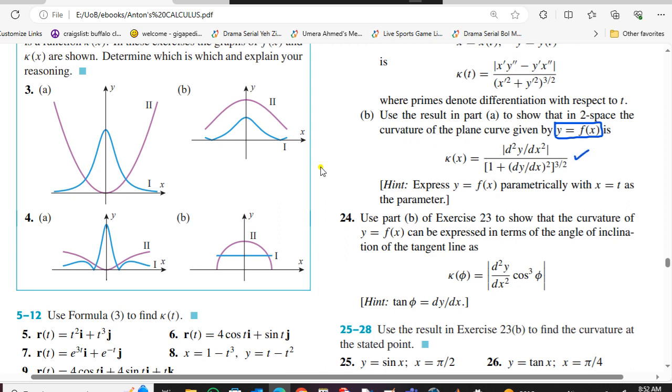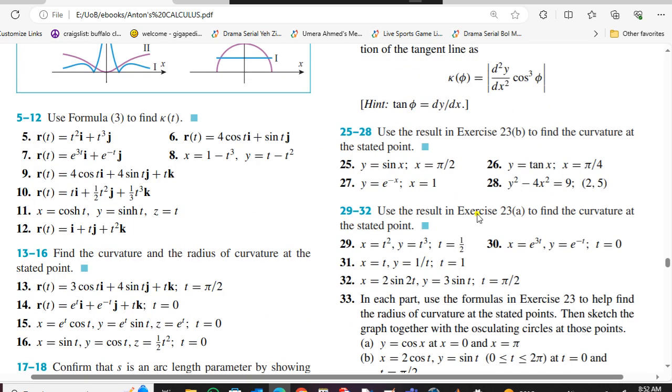This is the formula we are using. Agree? So here in these questions, he said use that formula from 25 to 28.